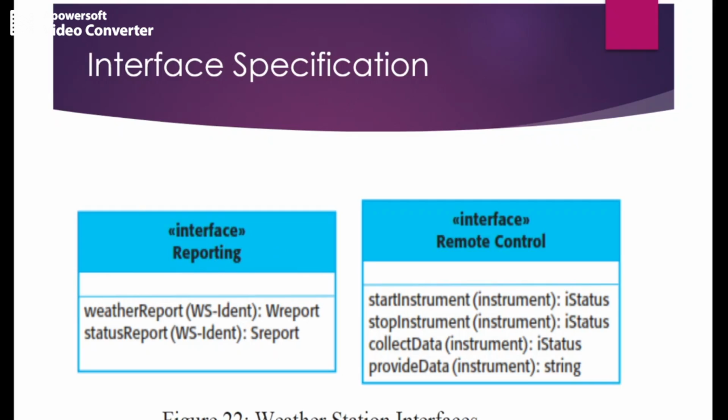What is the interface name? Reporting. This is the interface name, and you have to use this UML stereotype interface. Now same thing, you have the interface name remote control, and you are using this UML stereotype interface. That mainly indicates that it's an interface, not a class.